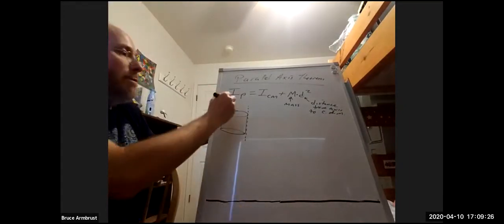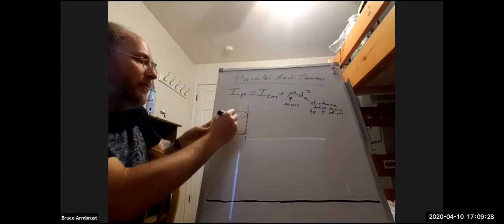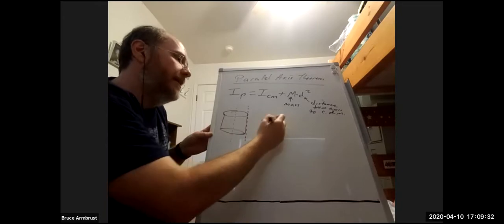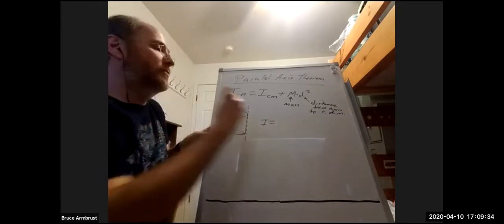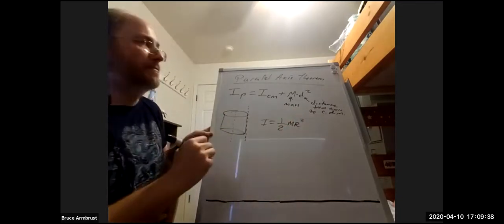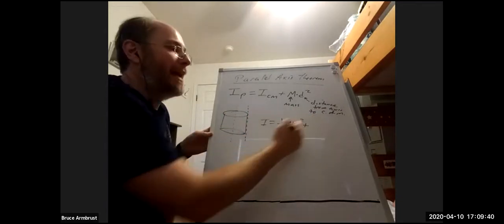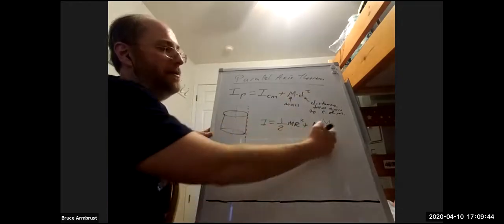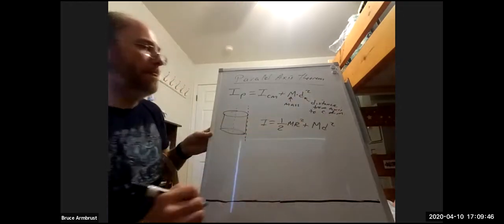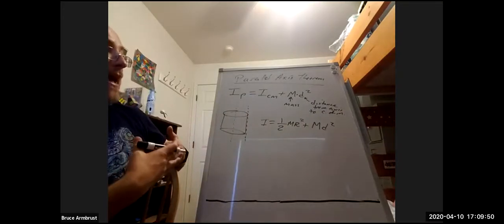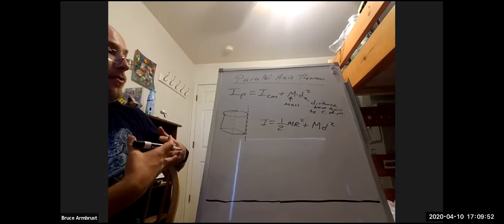All right, so let's first think about what we know about the center of mass. We know that its moment of inertia was 1/2 mr squared. But now we need to add to that md squared. And so we need to know how far away from that center of mass axis our new one is.